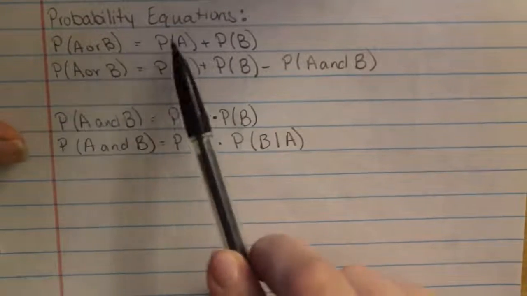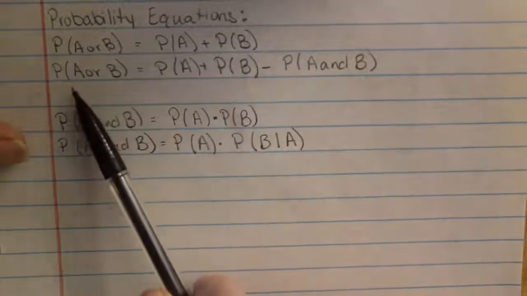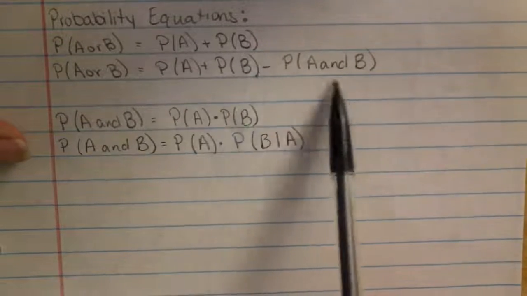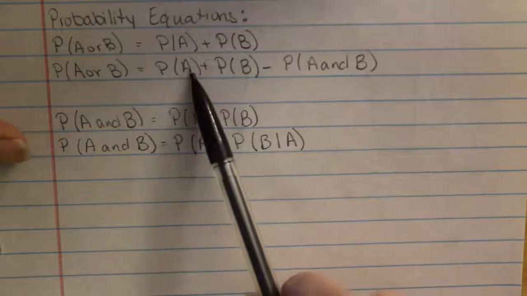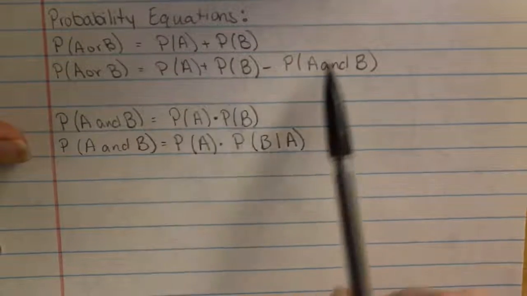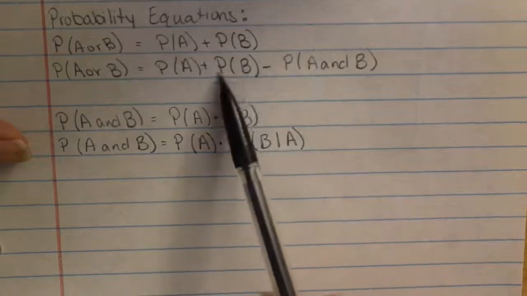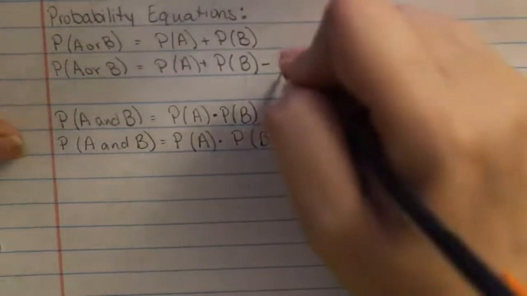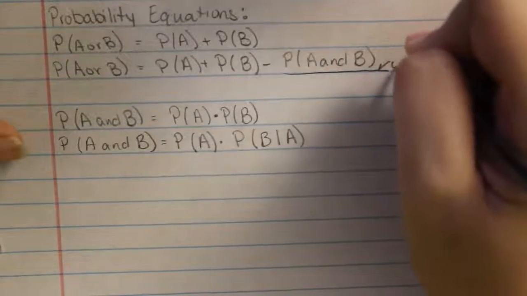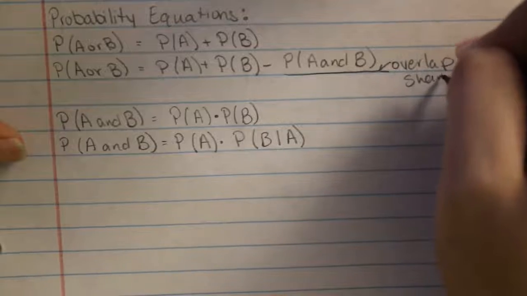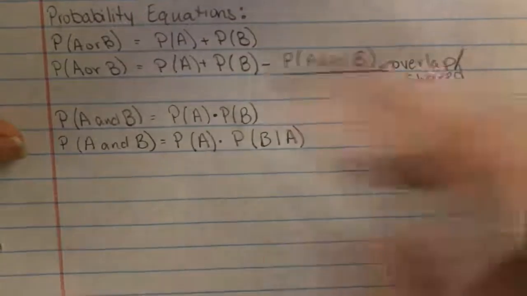Whereas down here, this OR is picking an apple or a red fruit. My chances of picking an apple were 1 out of 10 and my chances of picking a red fruit were 6 out of 10, but I have to cancel out the overlap. This is my overlap right here, otherwise known as shared data. So anything that they share.